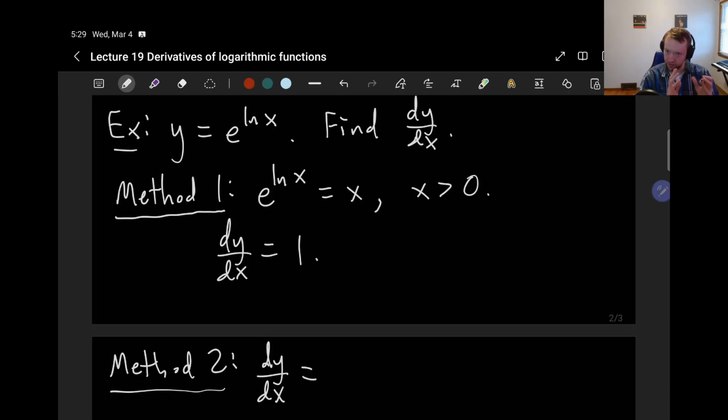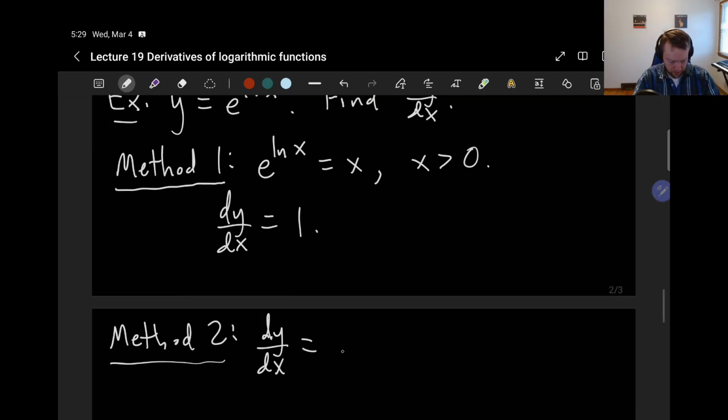Remember, the derivative of e to the x was just e to the x itself. Although in this case, ln of x is the input. So I've just taken the derivative of the outside function, leaving this input intact. And then you multiply by the derivative of that input. So I've just done chain rule here.